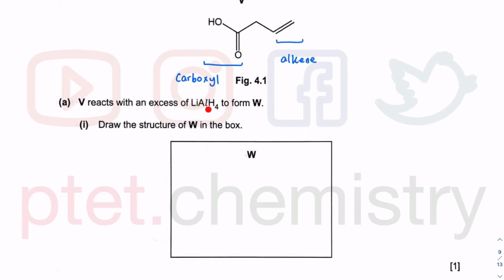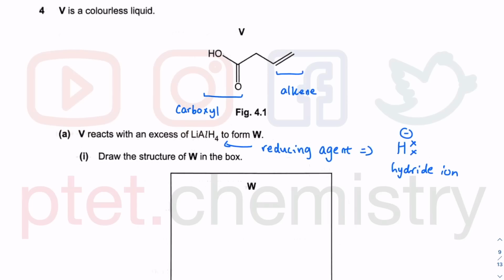Now V reacts with an excess of LiAlH4. This is what you call a reducing agent, lithium aluminium hydride. As a reducing agent, it gives you a source of H-. This is called the hydride ion. Now when you use this as a reducing agent, you cannot reduce alkene, because alkene contains a carbon-carbon double bond, which is rich in electrons.